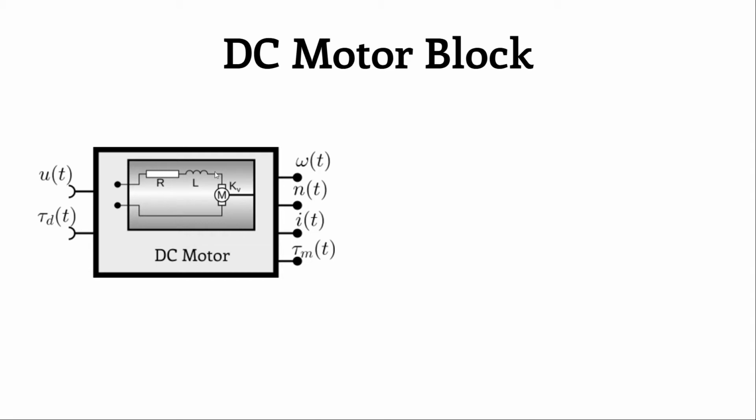We will need some parameters. There's the internal resistance, the internal inductance of the coil, and we will have the so-called motor constant, which gives us both the voltage induced by the motor coil due to turning at a specific velocity, and the constant for calculating the torque generated by the motor based on the current.